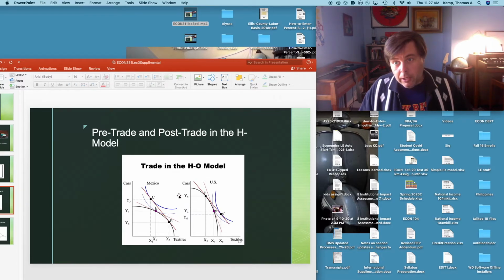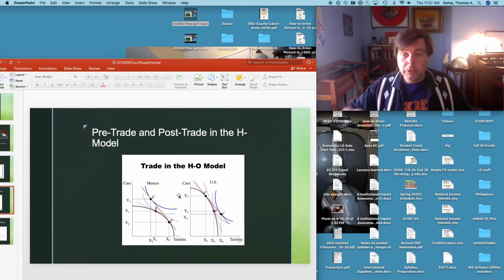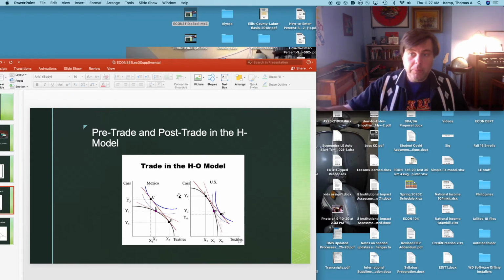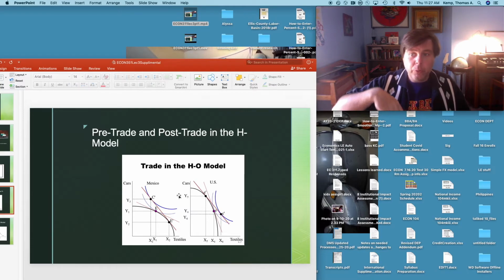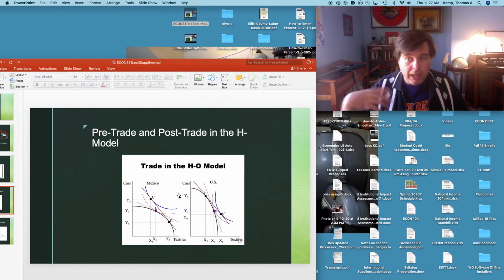Okay, that allows us then to consume outside of the PPF through trade, right? So we can consume more than we can produce domestically because we're producing some goods and services that we can produce cheaply. We're shipping them abroad and exchanging them for goods that would have been more expensive for us to produce, a la the Ricardian model, right?